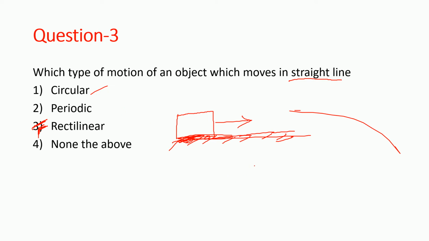If we take one example, like a pendulum fixed to a wall, and we drag this pendulum and release it, then it moves through some positions here and here. So it will move periodically. So this is an example of periodic motion. So an object which moves in a straight line is called rectilinear motion.